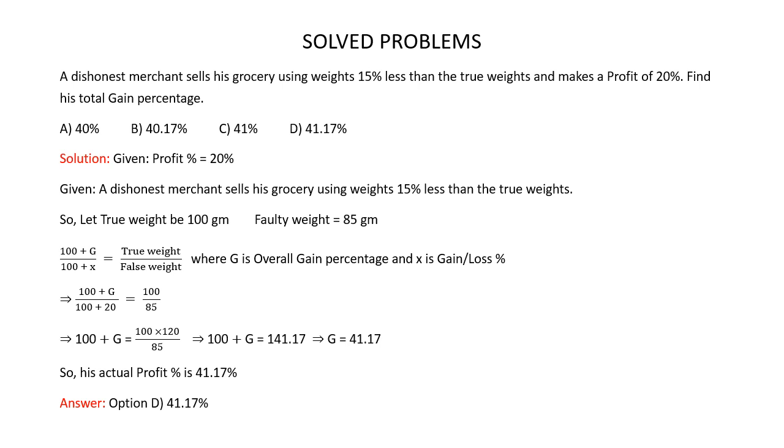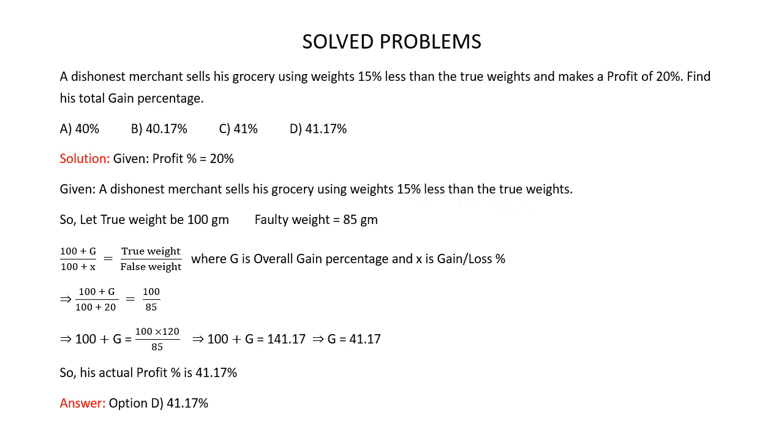Now it's given that the dishonest merchant is making a profit of 20%. So profit percent is 20%. But this is not his actual profit percent because he is a dishonest merchant and he is selling his grocery using weights 15% less than the true weights.